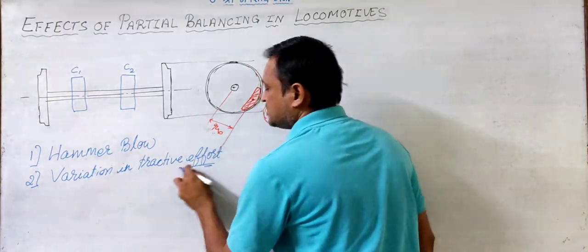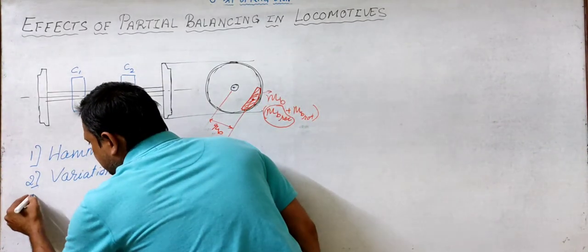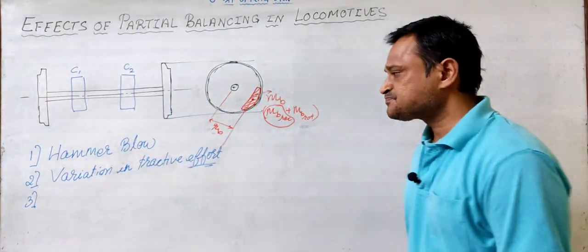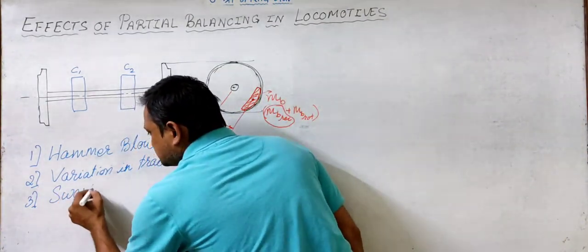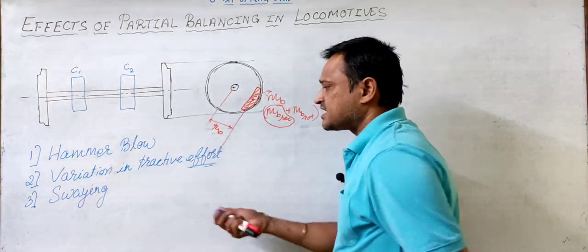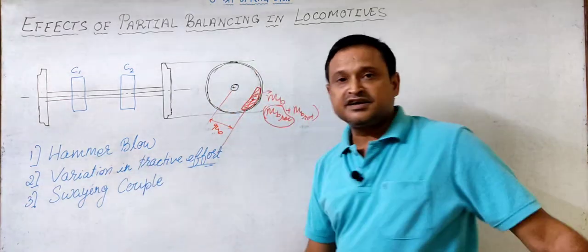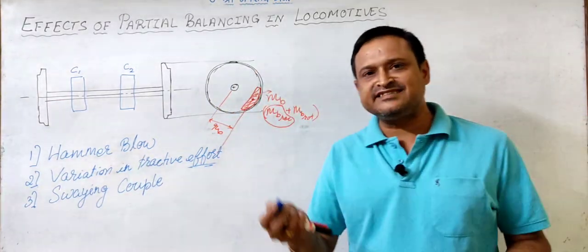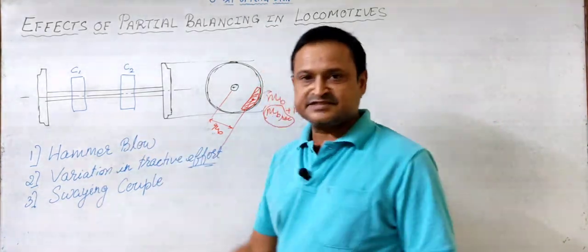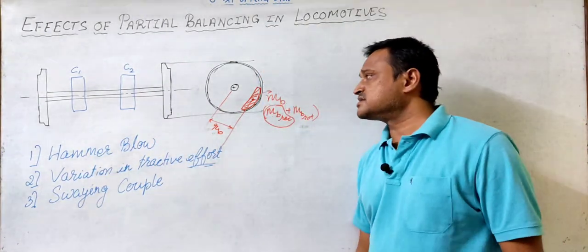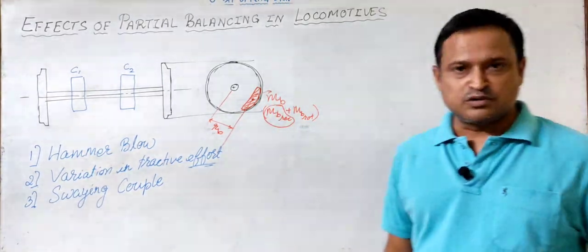By effort, we mean it is some force which is creating a traction kind of thing, so it is a tractive force. And third is the swaying couple. It is due to these two tractive forces which are out of phase, creating an unwanted couple in the system, which is swaying the entire system. So predominantly we see these three effects due to the partial balancing in a locomotive.